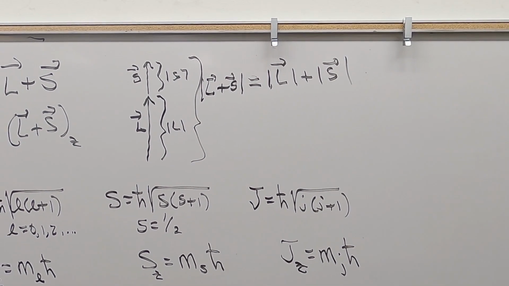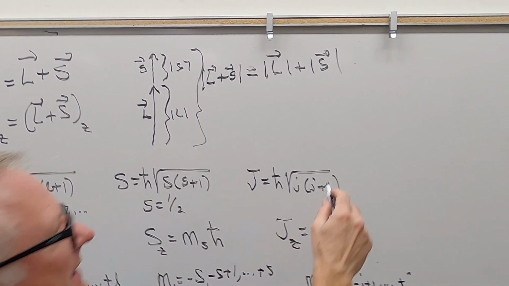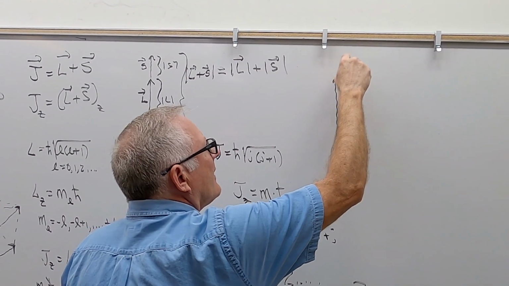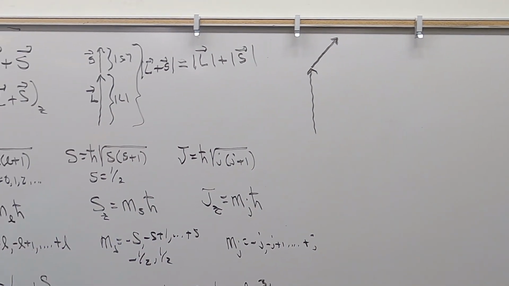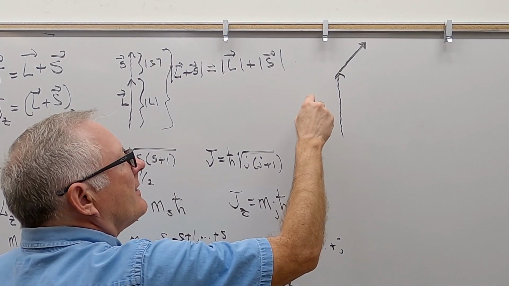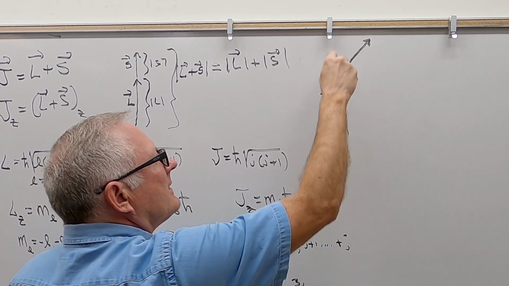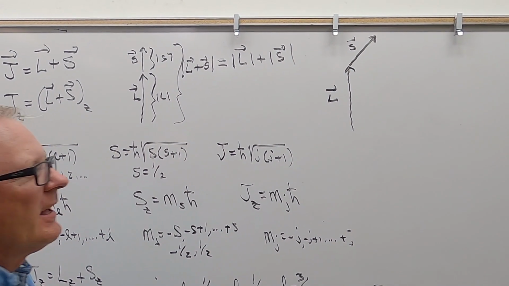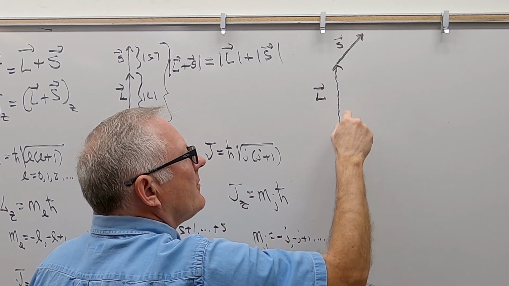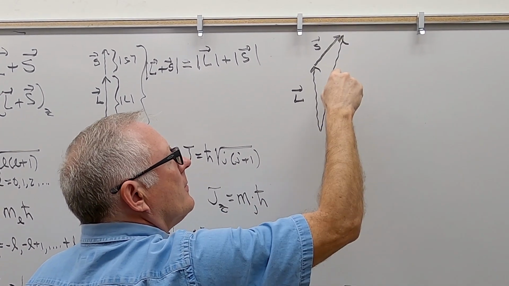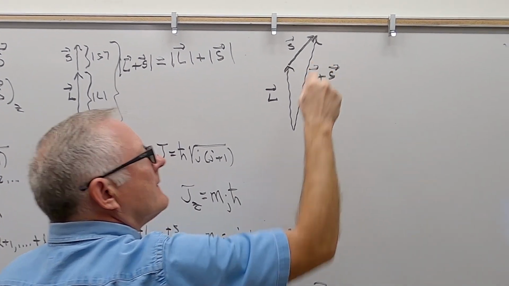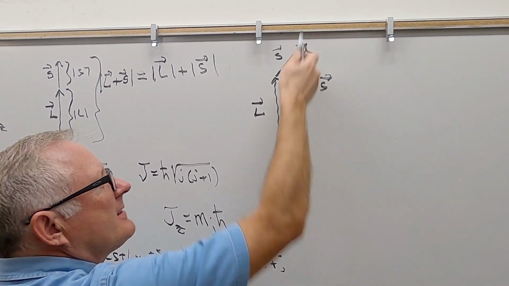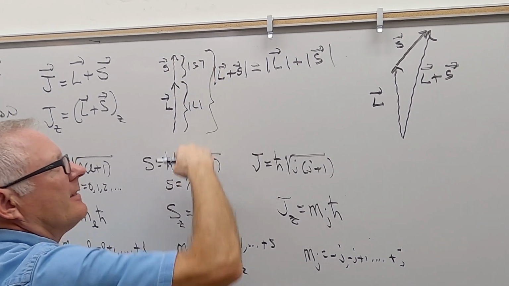Okay, well, suppose they aren't end to end, not in a straight line. Suppose L was going like this, and S is off in that direction. This one is still your L, this is still your S, this length is still the magnitude of L, and this length is still the magnitude of S, and this would be L plus S. Now, this length is shorter than this length right here.